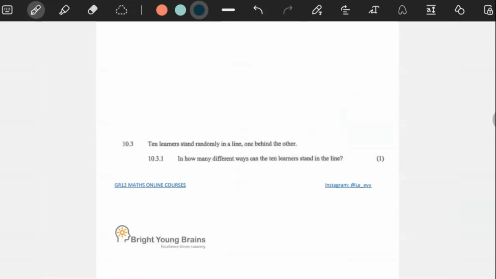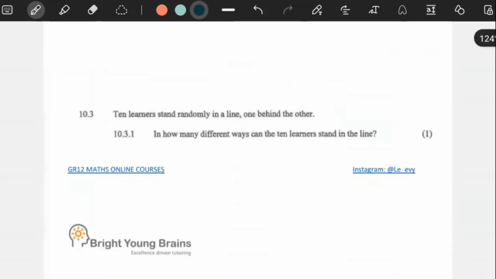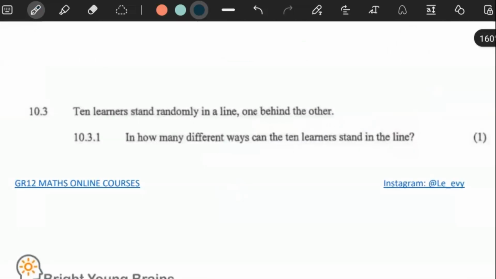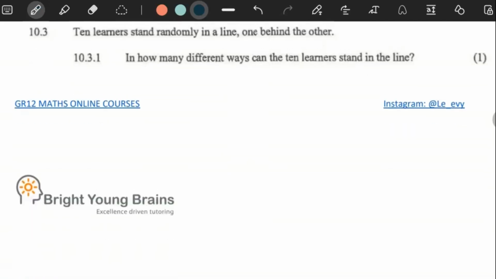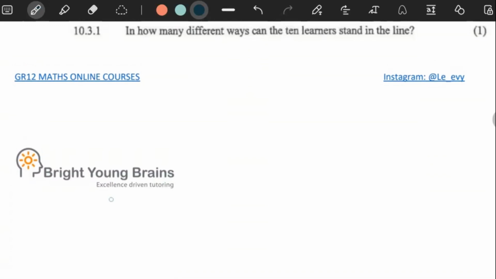10.3 is a new question, right? We're done with the snow stuff. It says 10 learners stand randomly in a line, one behind the other. In how many different ways can the 10 learners stand in the line? Well, that's very simple because it's 10 people. How many ways can 10 people sit? It's just going to be 10 factorial ways.